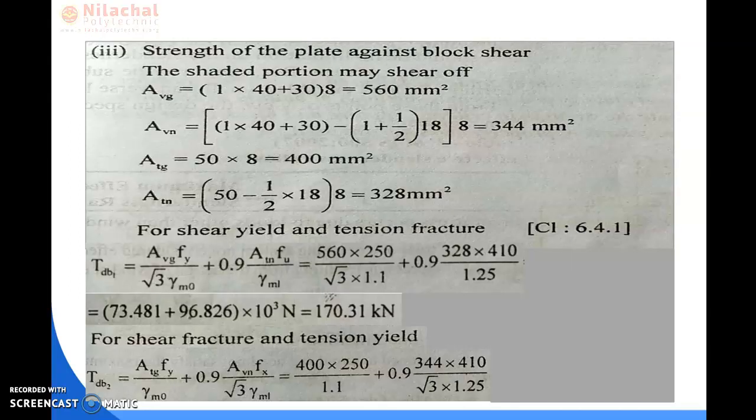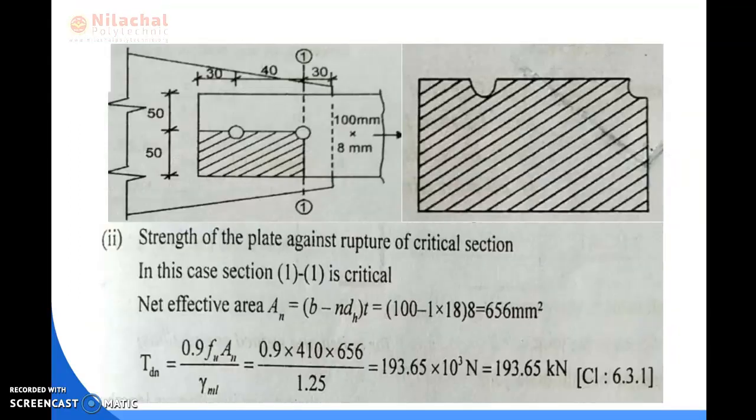So to calculate the AVG, the formula is the width of the plate along the V line into the thickness of the plate along the V line. So the horizontal portion is your V line, that means this portion. So from this to this, the value of the block shear portion is here to here.